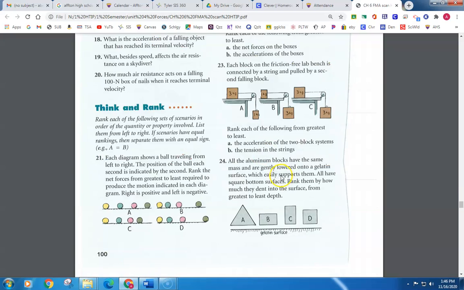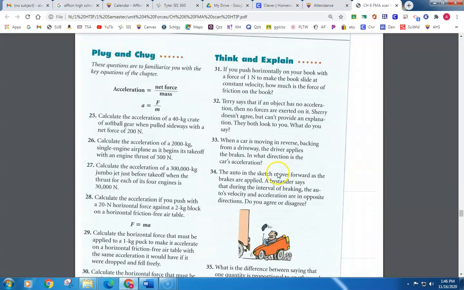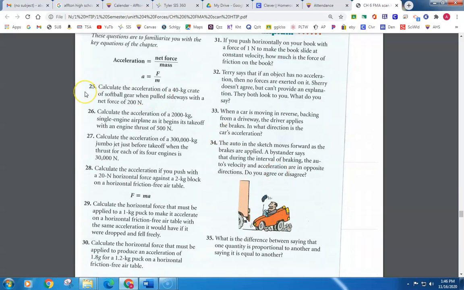Okay, on to number 25. Calculate the acceleration of a 40 kilogram crate of softball gear that is pulled sideways with a net force of 200 newtons. That's going to be 200 newtons divided by 40 kilograms, which is 5 meters per second squared.